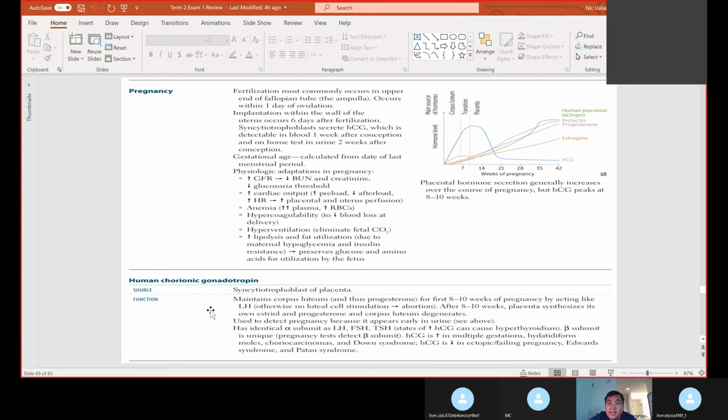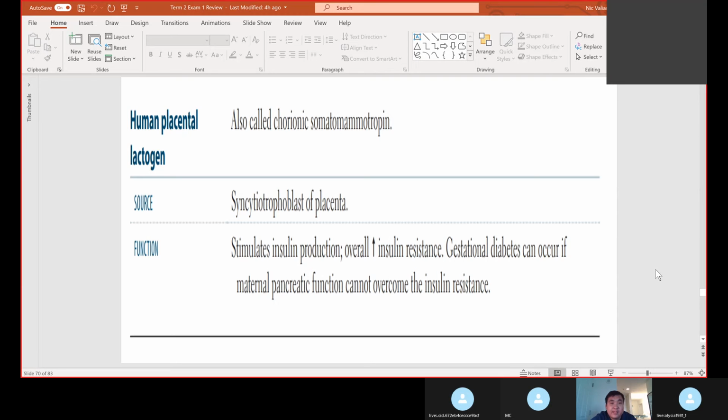Don't forget, it has the same alpha subunit as your TSH. So it can induce what? Hyperthyroidism. Only the beta subunit is unique in all of these hormones. HCG is decreased in ectopic pregnancy, Edwards syndrome, and Patau syndrome.